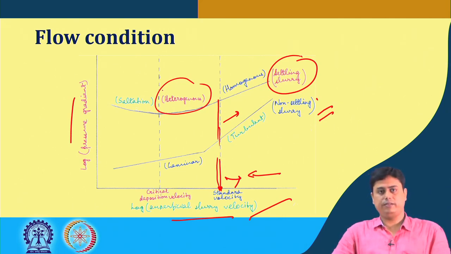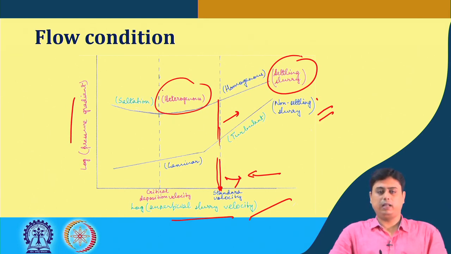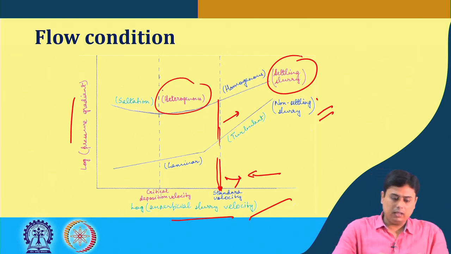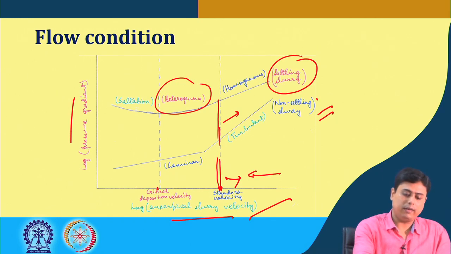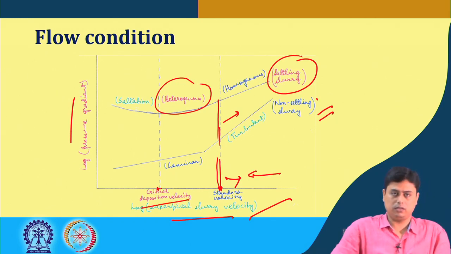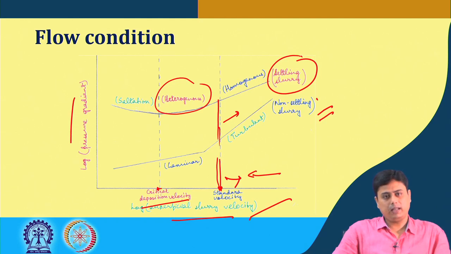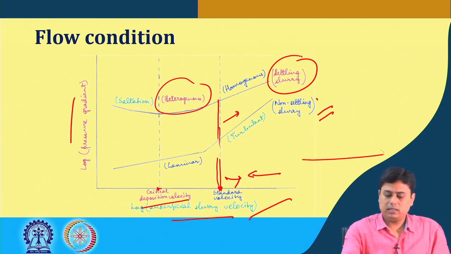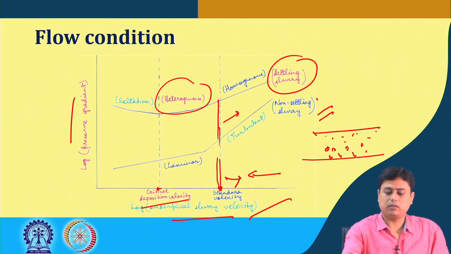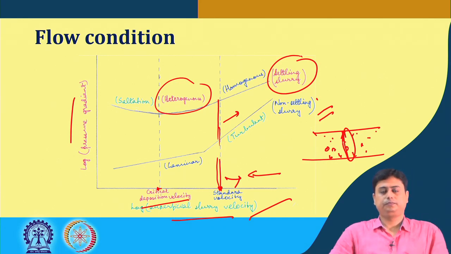The particles settle rapidly and create a layer of particles, and if we go further below another value called the critical deposition velocity, the particles deposit. This is the scenario: the particles are nearer to the bottom surface and there is a sufficient concentration gradient along this surface.